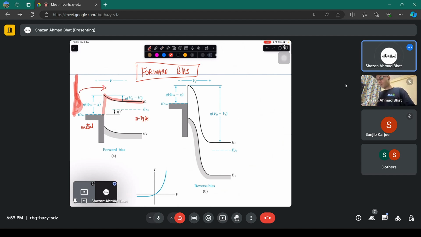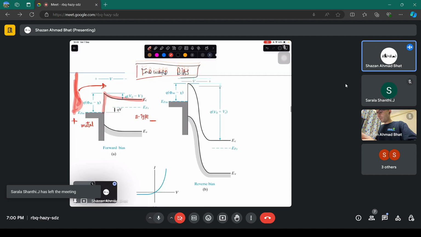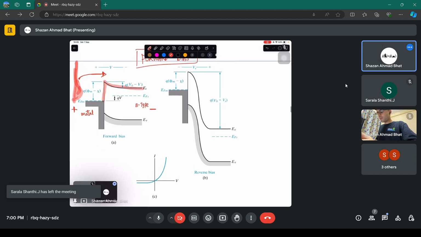They can easily go because you have applied positive here, negative here. Positive means these electrons will go to the other side, or rather it should be the opposite. If you are applying a positive here, just wait a second. I think we missed something.